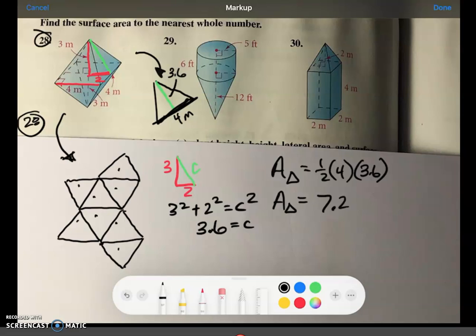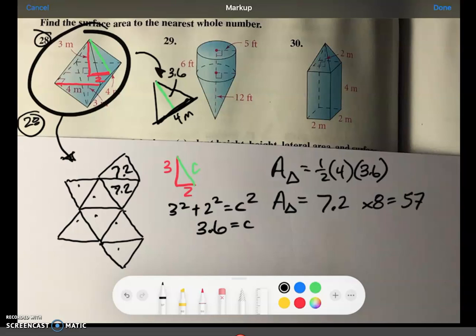Since there are 8 triangles exposed to the outside surface of that figure, I'm just going to multiply by 8. And my answer is 57.6, but they want it rounded to the nearest whole number. So that would be 58 meters squared. Basically 8 triangles.